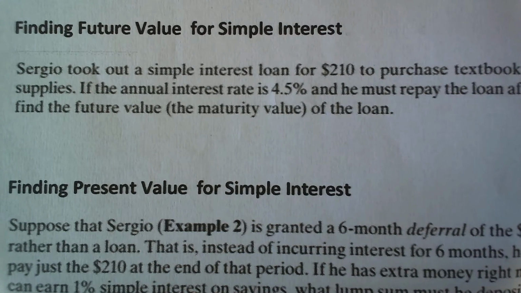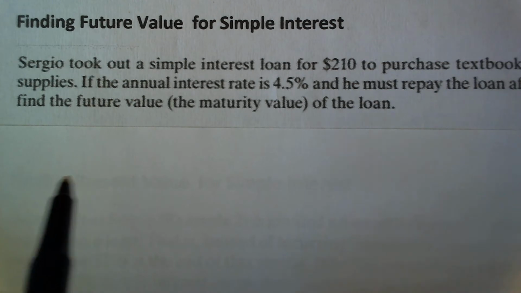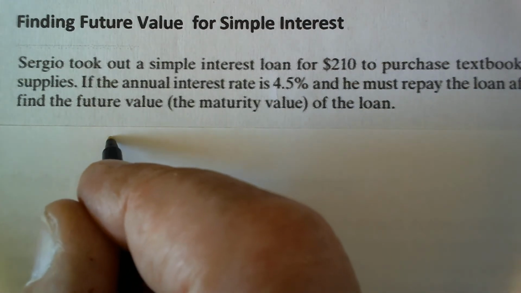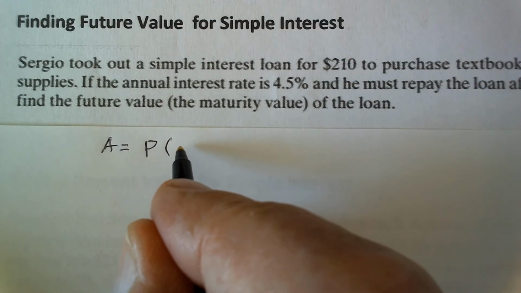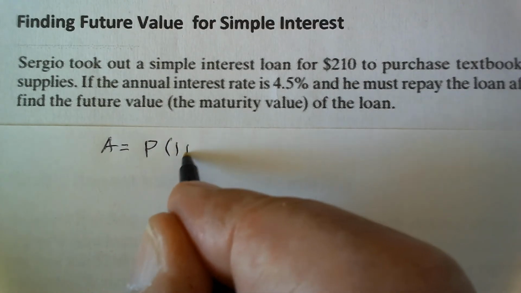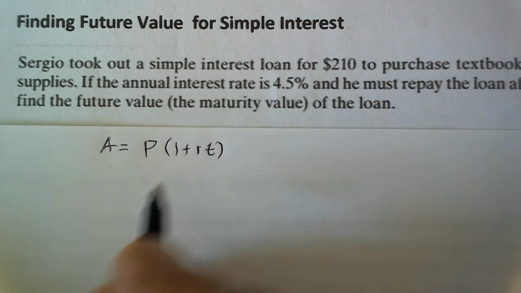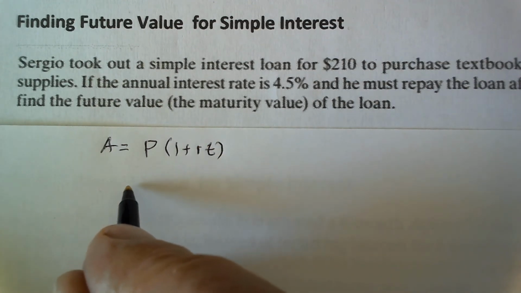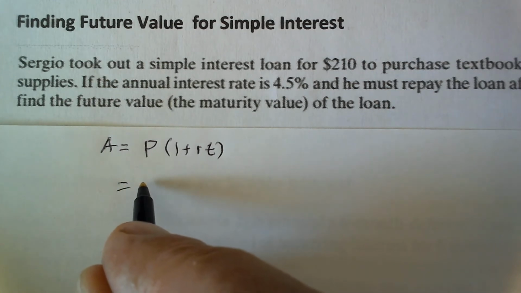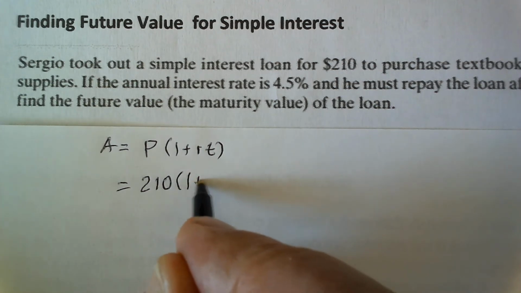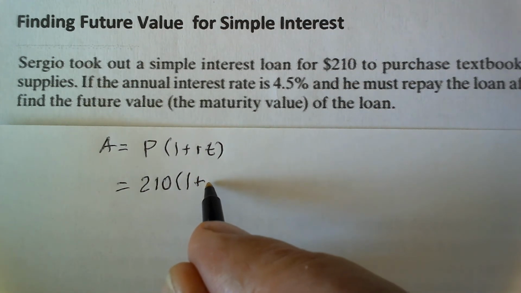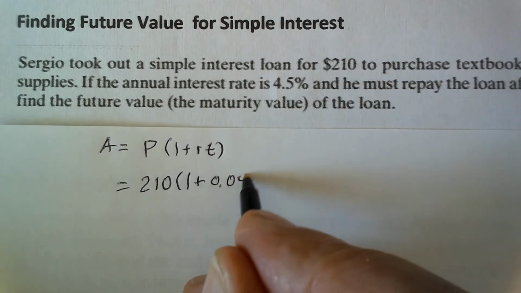So here's our formula for the future value: A equals P times (1 plus R times T). In this case, P is equal to $210 times 1 plus the interest rate being 4.5%, so it's 0.045.